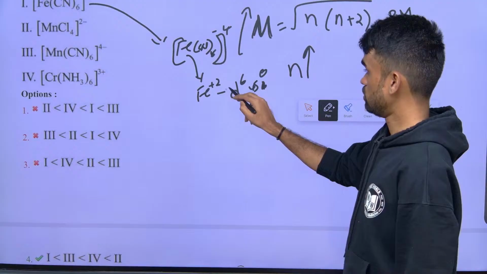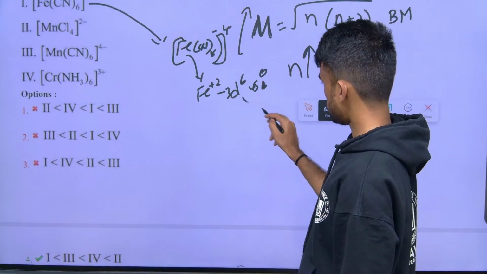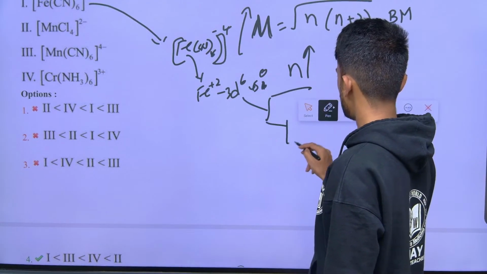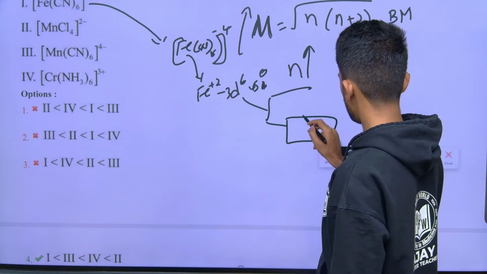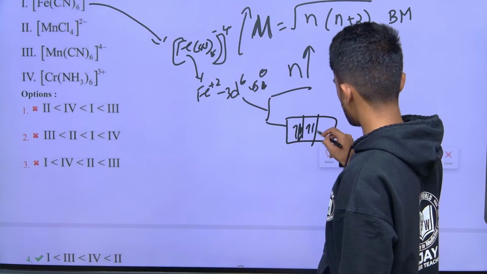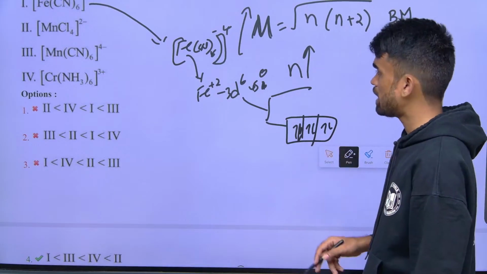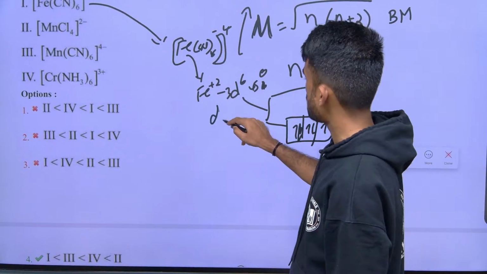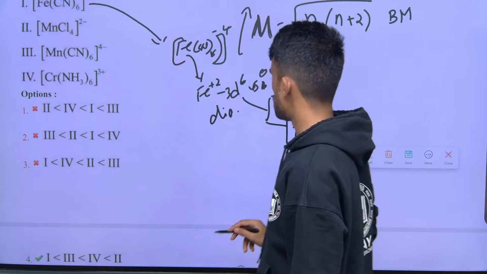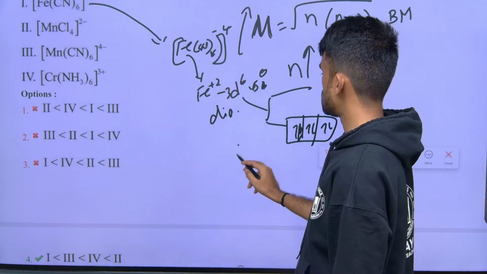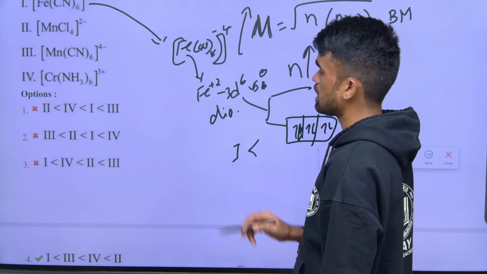All the electrons lie in the t2g set, so there are no unpaired electrons. So this is diamagnetic, and the magnetic moment value for the first one is 0. That will be the least.